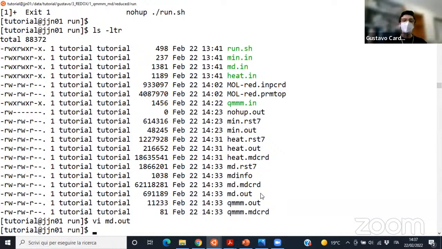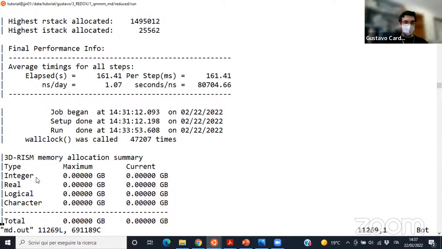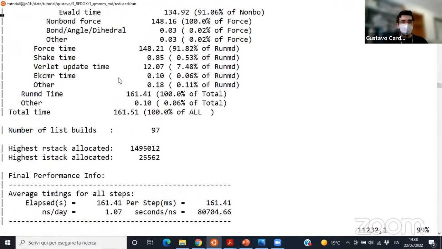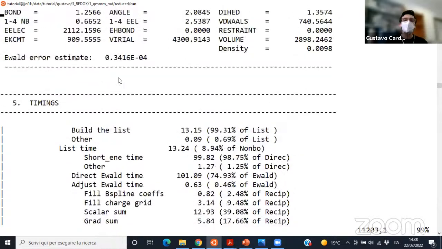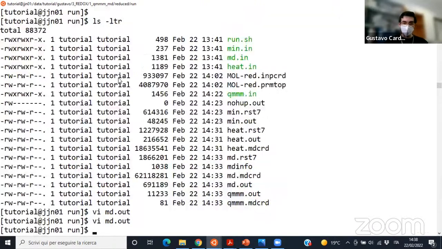In my case, if we look at the md.out, which is the classical MD, we go to the end of the file with G, and we see that it finished. How long did it take? Like 161 seconds. Of course, this is a classical MD. We are interested in the QM/MM.